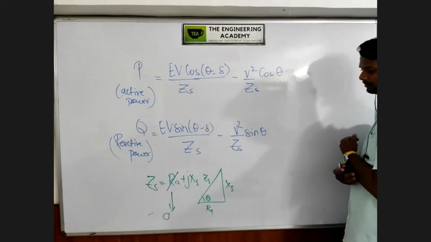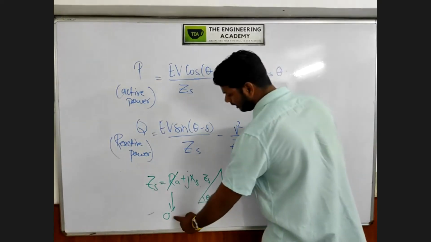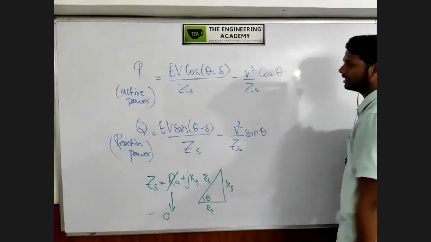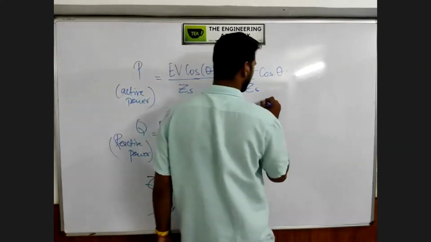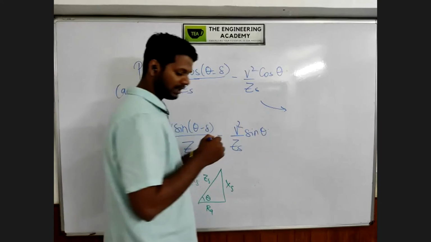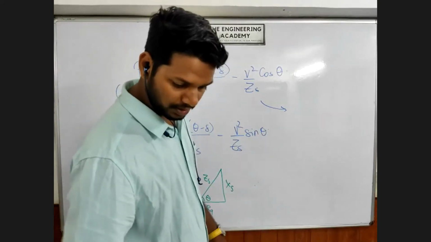Whenever you neglect RA to zero, the value of theta is equal to 90 degrees. Then the formula becomes an approximate formula.